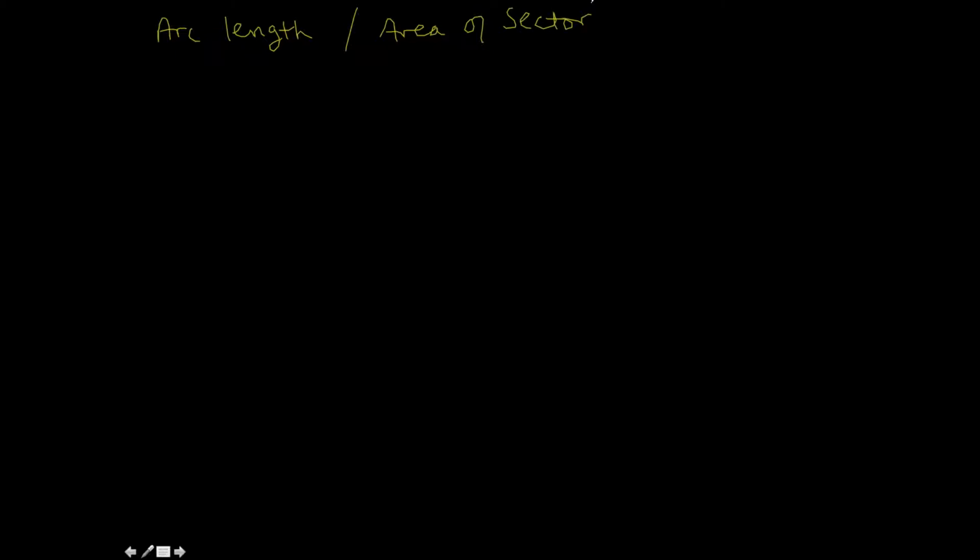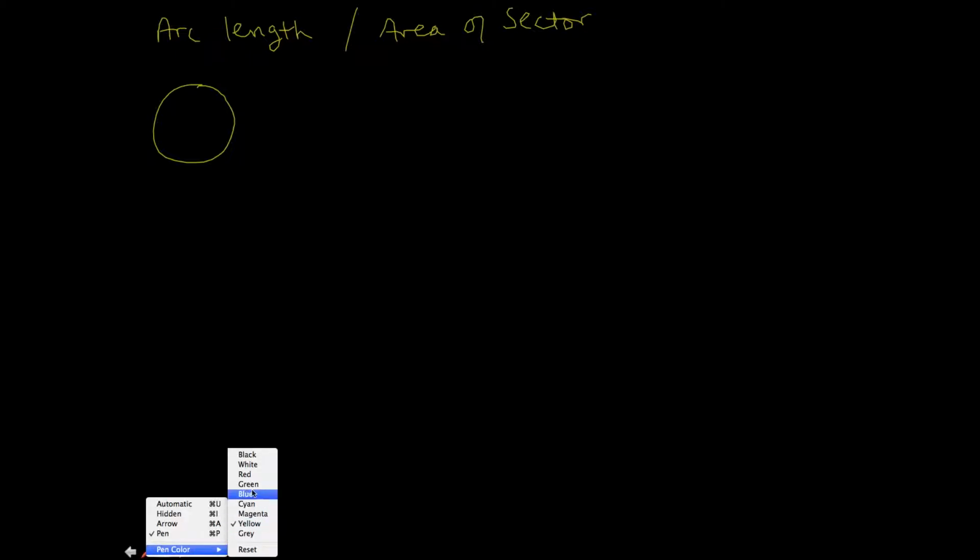Okay, so here we have a circle. On this circle we have a central angle, and this right here from B to A is our arc length.